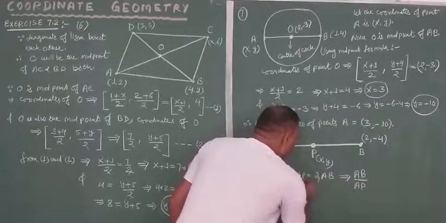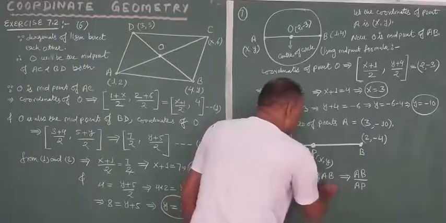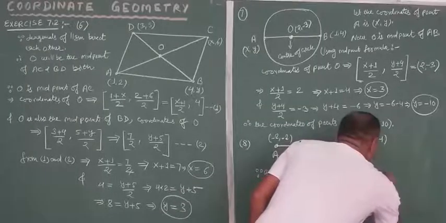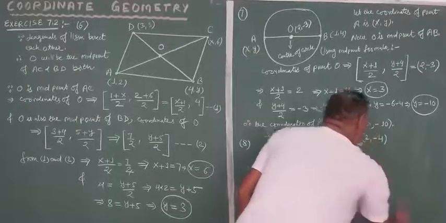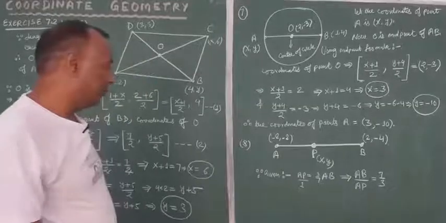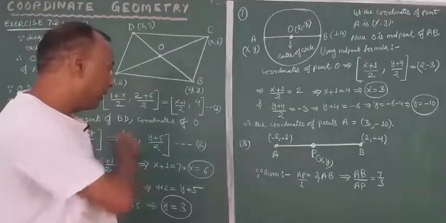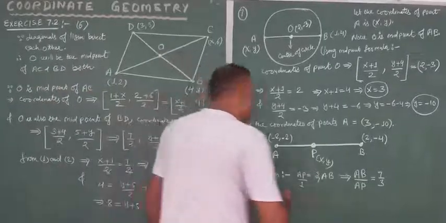What will it be? Can you tell me? AB upon AP. This 7 will come here, 7 upon 3. What is the value of AB upon AP? 7 upon 3. Now subtracting 1 from both sides.